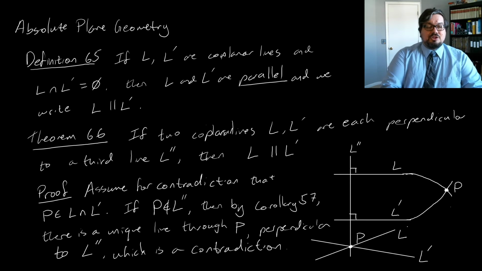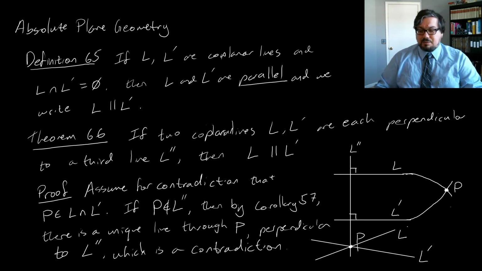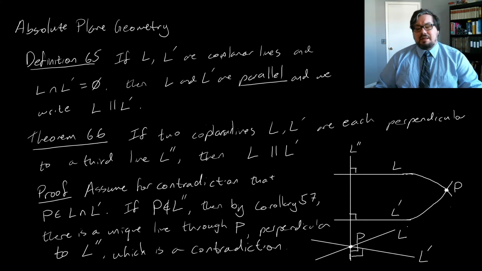And the issue here is that we've got the two lines L and L prime that are each forming an angle of 90 degrees with the line L double prime at P. And we know that can't happen because the angle construction postulate says that there is a unique ray forming a given angle with a ray that lies in a specified plane.